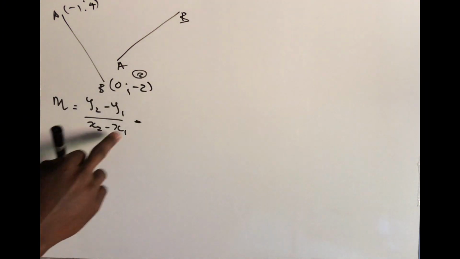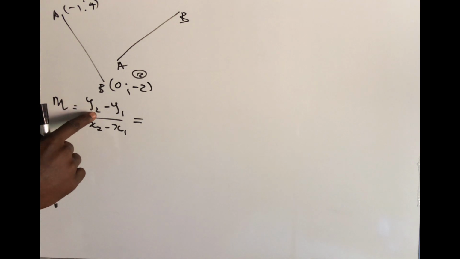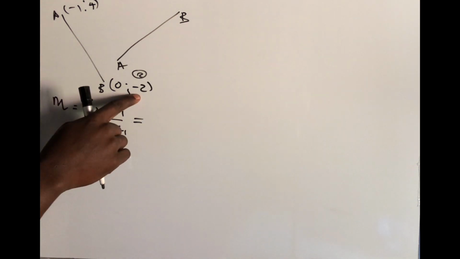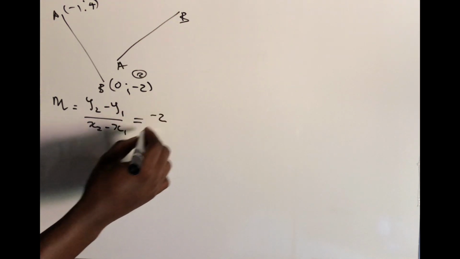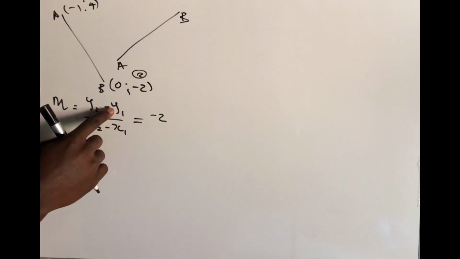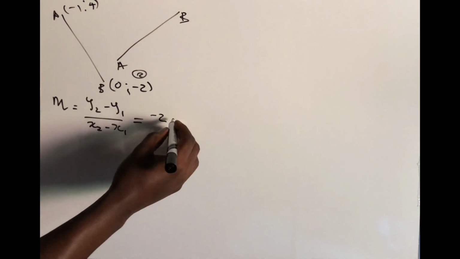Now you look at the value of y at your second point. The value of y is what? -2. And then you look at the value of y at your first point. The value of y at your first point is what? It is 4.